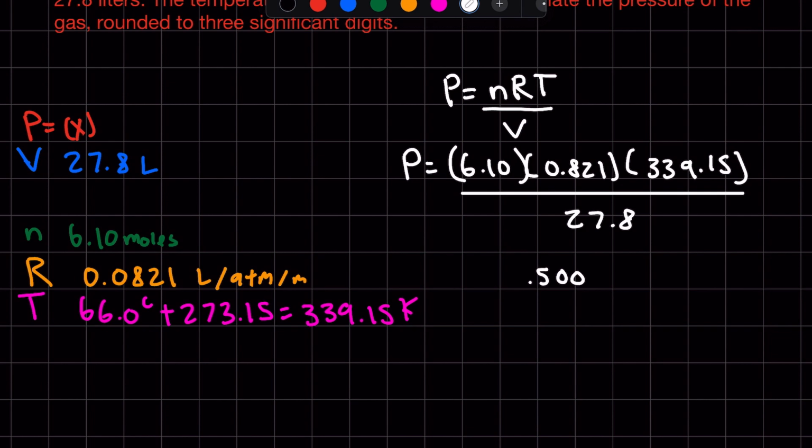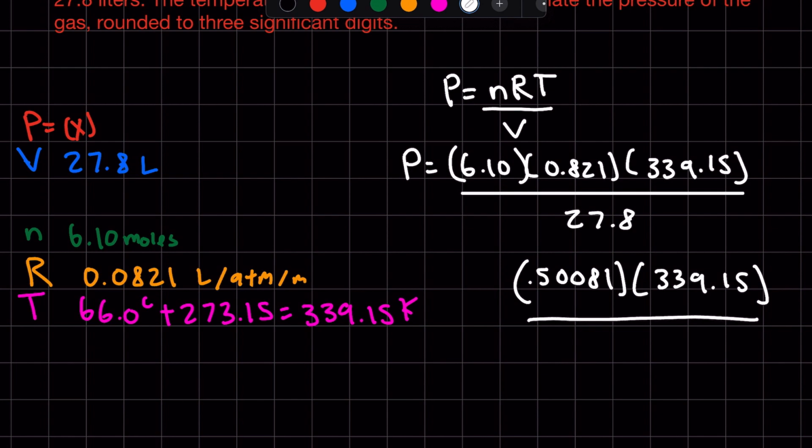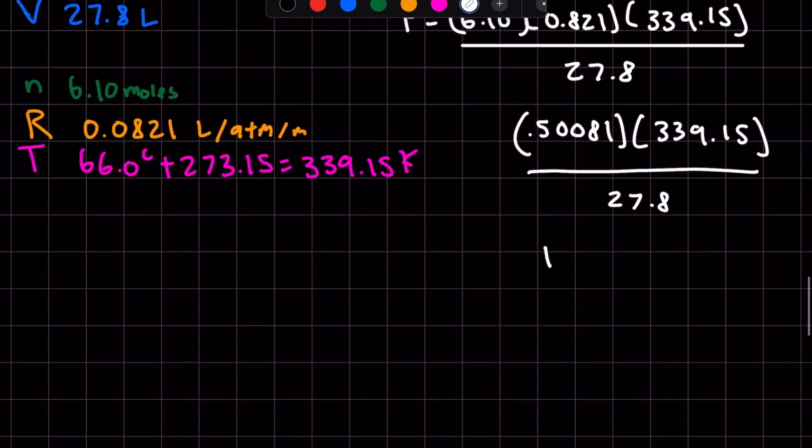Then we're going to multiply that by our 339.15. Let's go ahead and do that really quickly. Times 339.15, and that's going to give us 169.849, divided by our volume, which is 27.8 in liters.